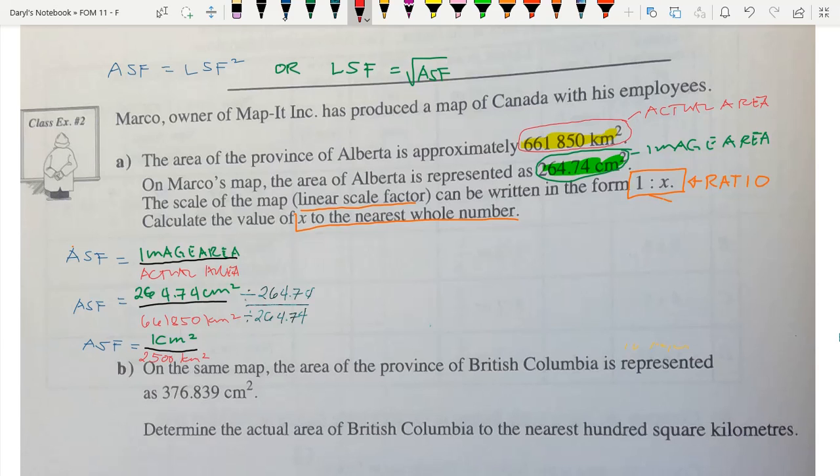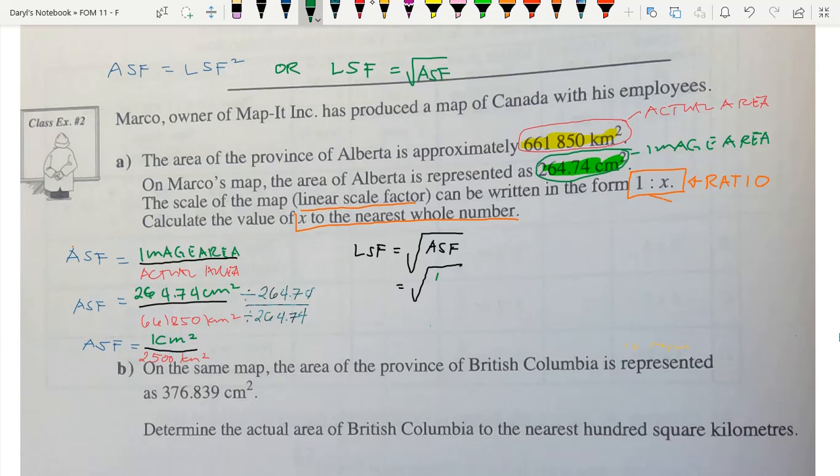However, we want to get the linear scale factor in ratio form. So to solve for the linear scale factor, we can use the above expression that the linear scale factor is just the square root of your area scale factor. So therefore, I'm just going to square root the value that I get from your area scale factor.